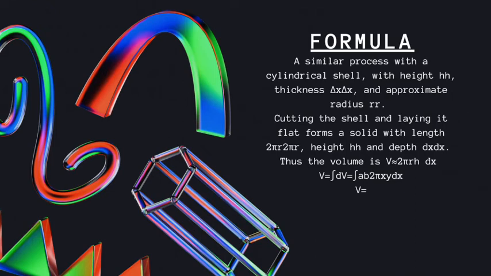Thus the volume is 2 pi r h dx, or volume equals the integral of dV, equals the integral of 2 pi x y dx with the limits a and b.